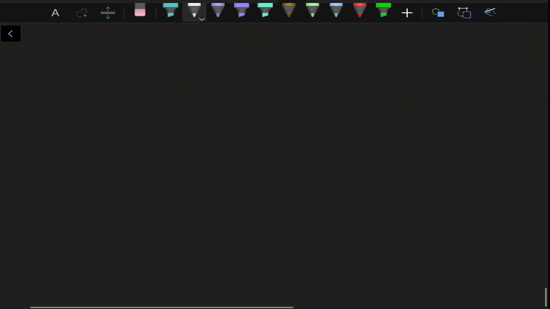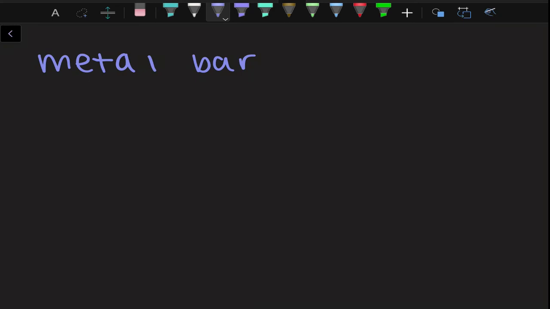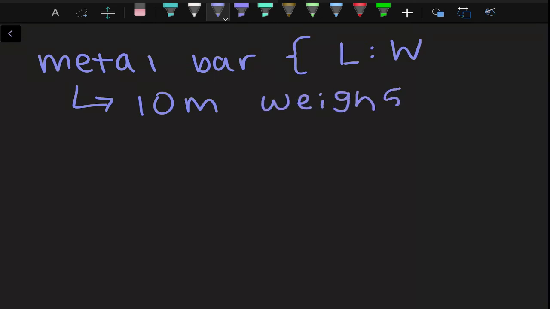So a little bit of a harder example here. Let's say that we have a metal bar and its length and weight are in proportion. So when we have 10 meters of bar, it weighs 5 kilograms.